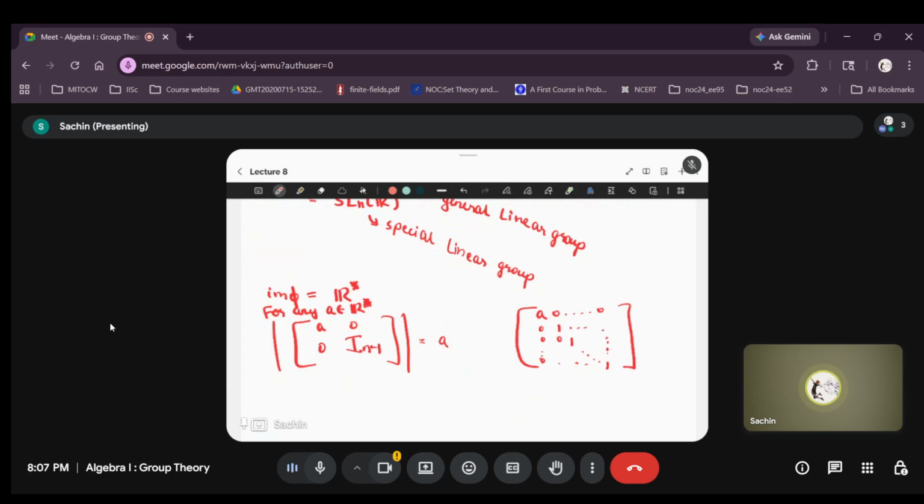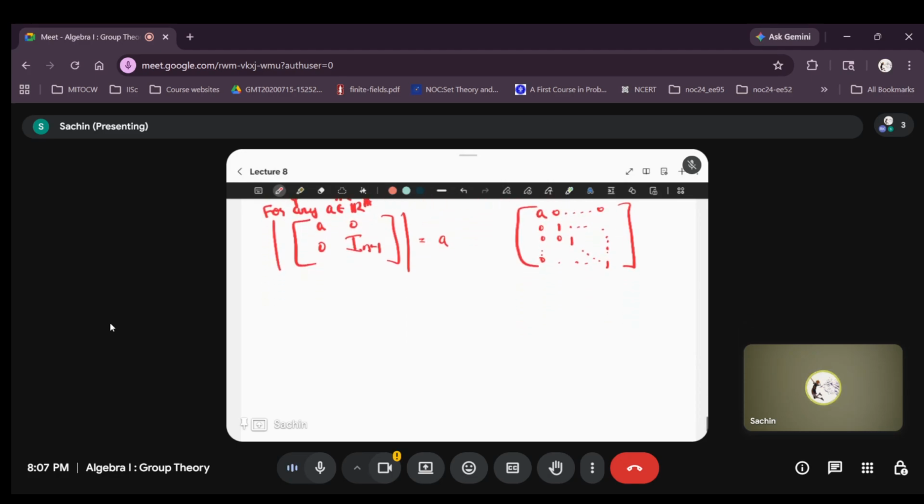So for any a in R star, I have given a matrix whose image is that number a. So all of R star is the image of phi.